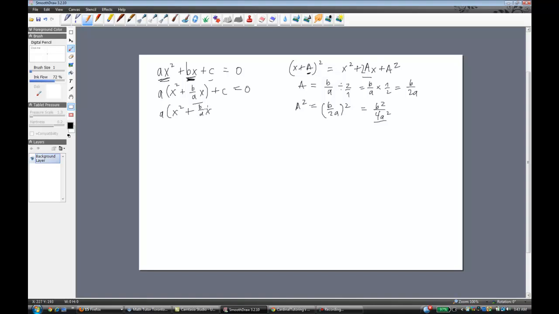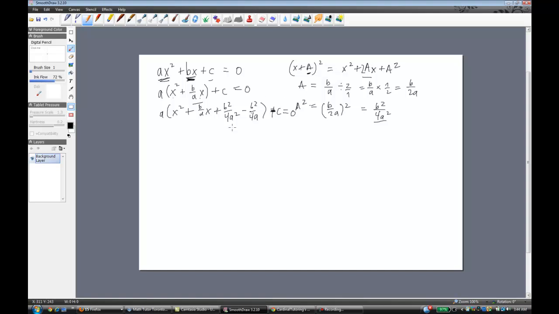Okay. Plus c equals 0. Now, the reason we do this is that in order to complete this square, thus far we have x squared and b over a x, which are the first two terms of the quadratic trinomial, which is a perfect square. But we need the A squared term.